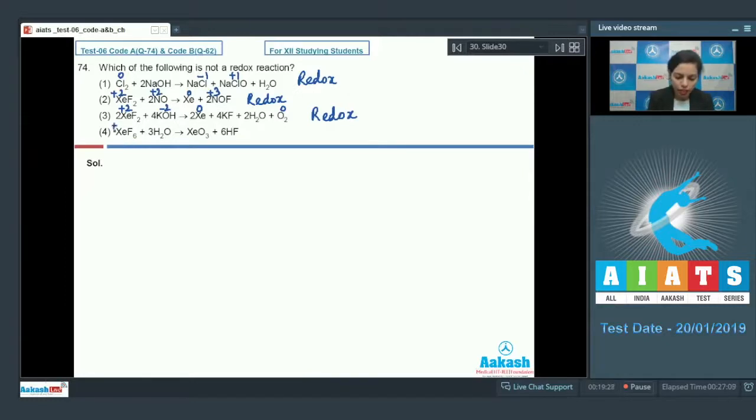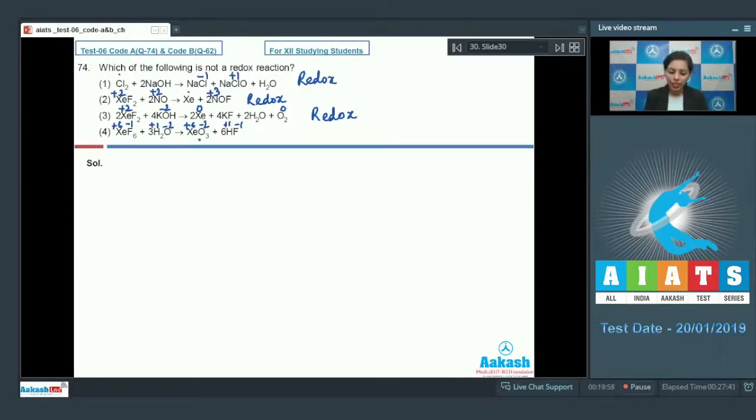Xenon is there in +6 oxidation state. Now, in this case, XeO3 is formed. Again, xenon is there in +6 oxidation state. Let's check fluorine. Fluorine has -1 oxidation state here also and here also. Hydrogen is in +1 oxidation state. Here also it is in +1 oxidation state. Just write the oxidation state of fluorine also here and here. Similarly, oxygen is -2 in these cases.